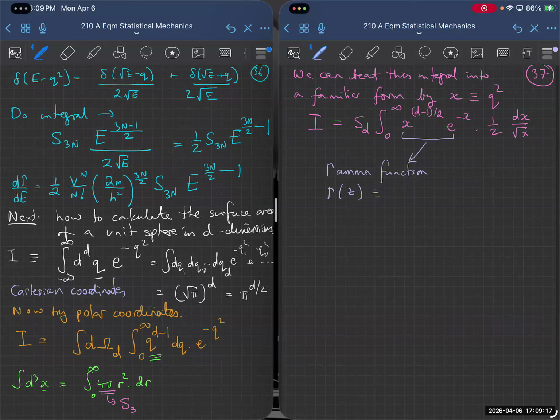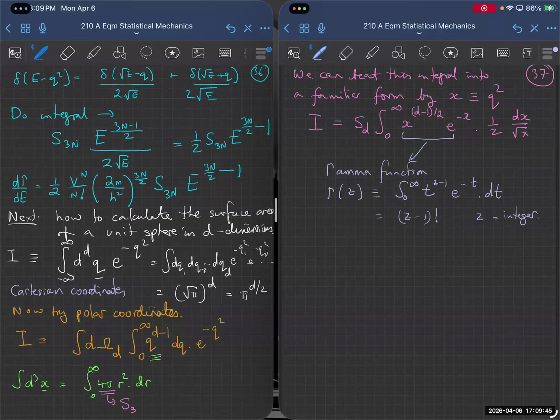This was written down by Euler in 1780 or something like that. This function is defined as the integral from 0 to infinity of t to the z minus 1, e to the minus t dt. And this function is equal to the factorial function when z is an integer.